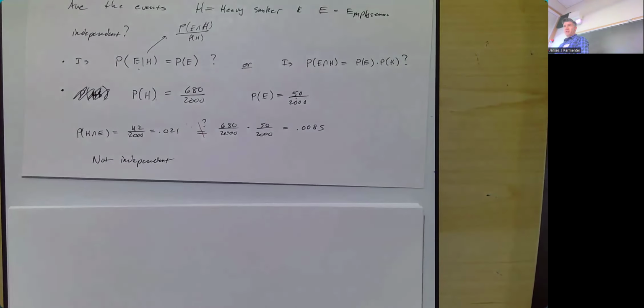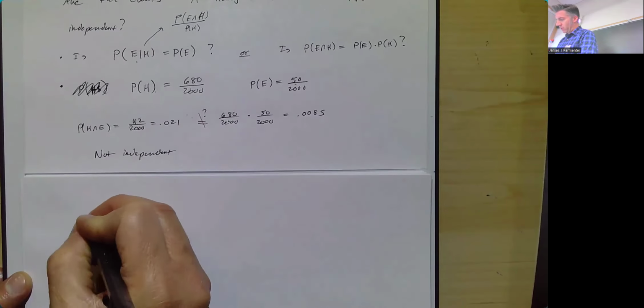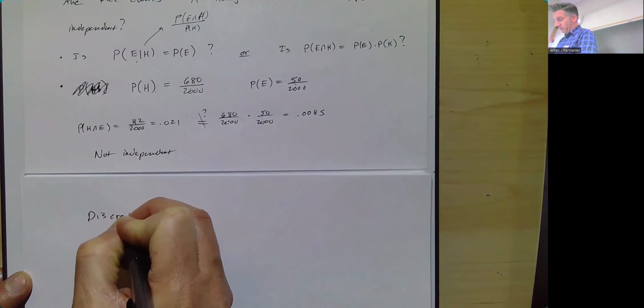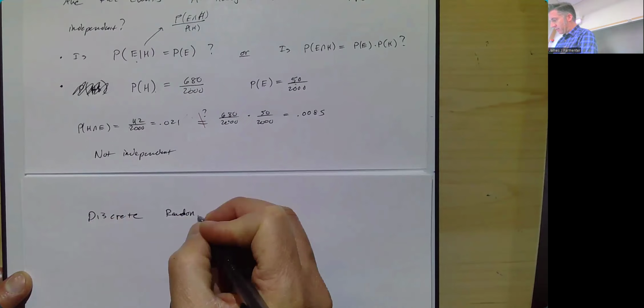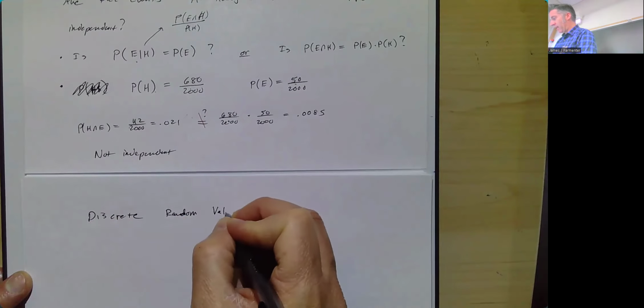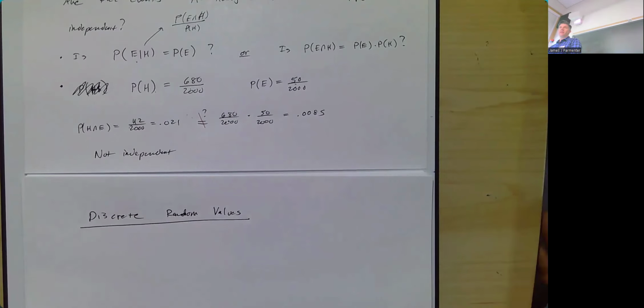I don't think we'll talk about continuous random variables, but when you hear the word discrete random variables, or specifically the word discrete, you should think of something that has a finite number of values typically. My usual go-to is shoe size. If we took a poll of all the shoe sizes of people, you'd have some people wearing size 7, 7.5, 8, 8.5, 9, but there's only a finite number of choices.